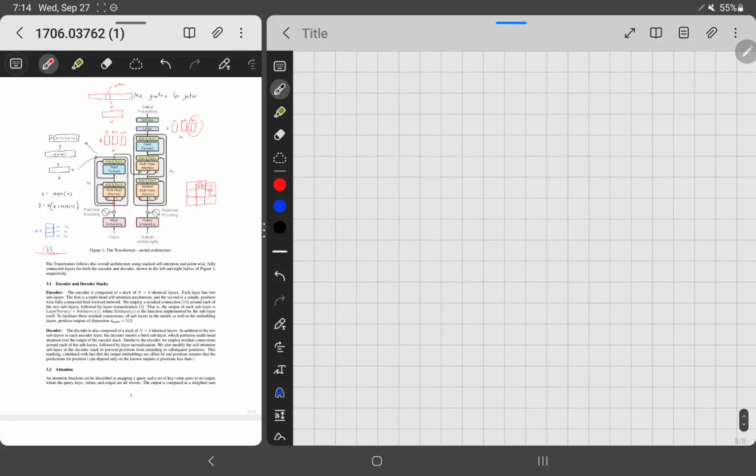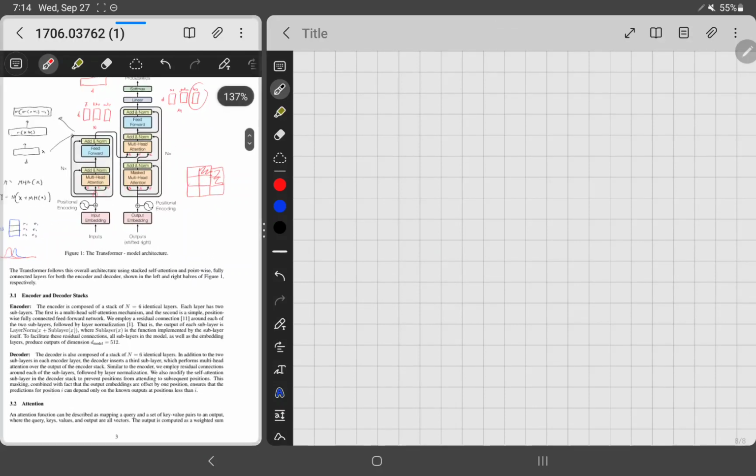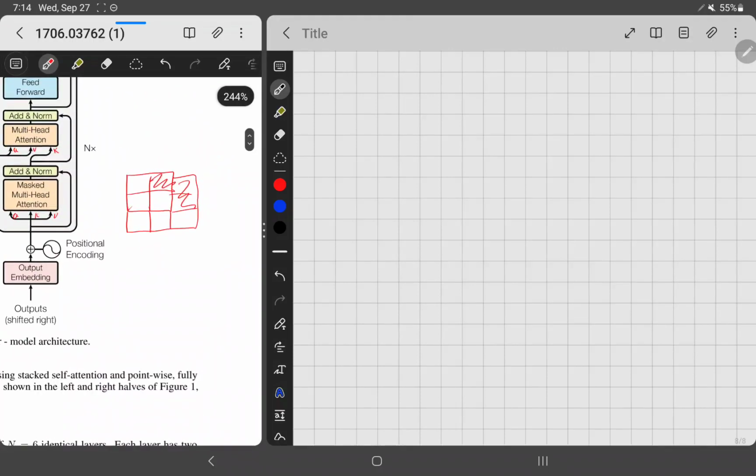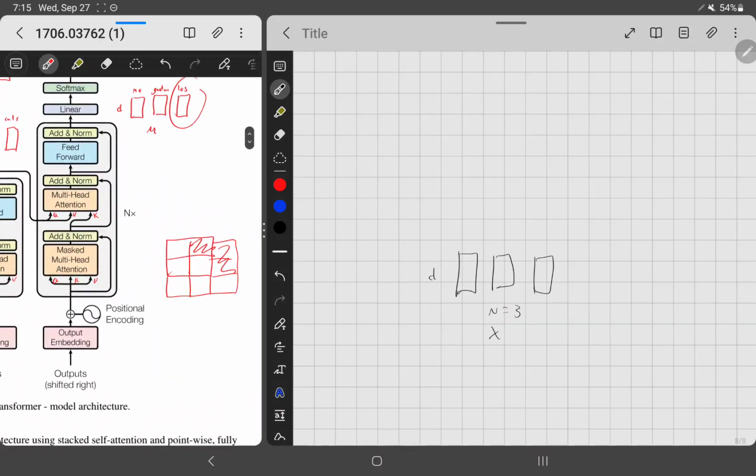But during training, we don't need that. We can send the entire sequence through one time. And to do that, we do this masked part here, which we mentioned earlier. If we had our input x here, n is equal to 3, this is d, then the only layer that actually matters is the masked multi-head attention if we want to parallelize this thing.